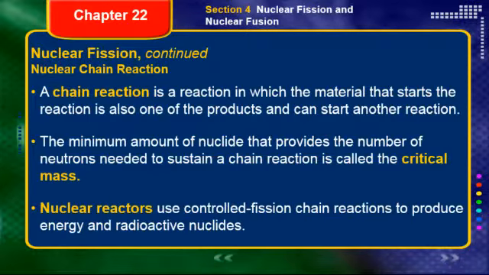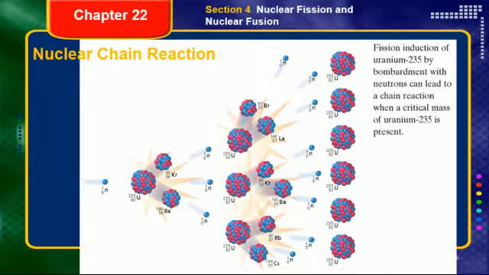Nuclear reactors use controlled fission chain reactions to produce energy and radioactive nuclides. One of the things that is commonly used as fuel is uranium-235. We will induce a fission reaction by bombarding the uranium-235 with a neutron.